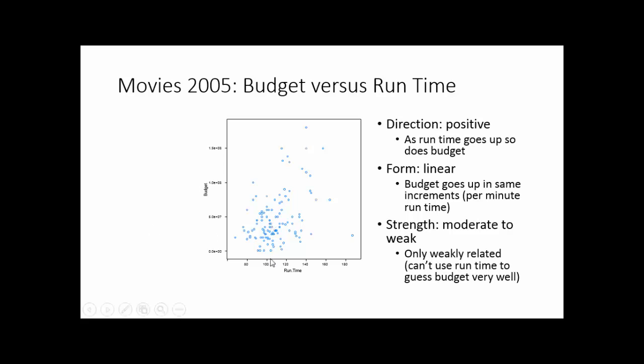And of course, what that means in this specific case is that when I tell you you've got a 100-minute movie, and then ask you to guess the budget, you've got a wide range of movies. Notice all these movies in here are all around 100 minutes long, but some are super cheap down here, almost zero, and some are pretty expensive up here into the close to $100 million range.